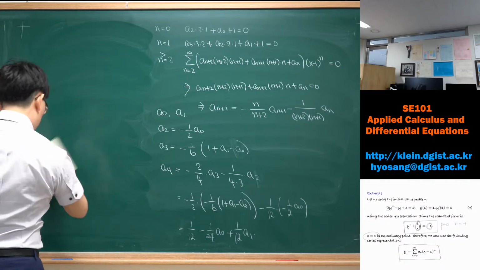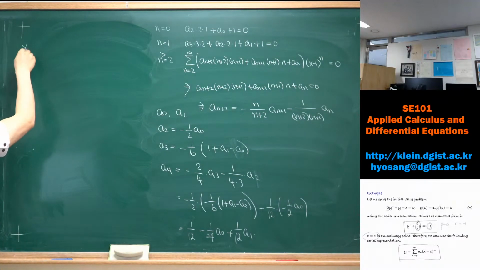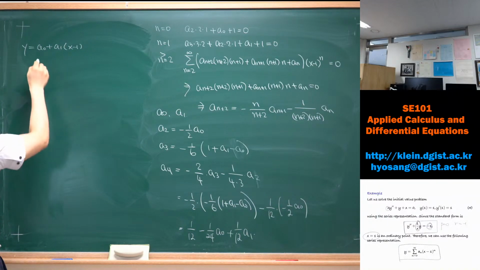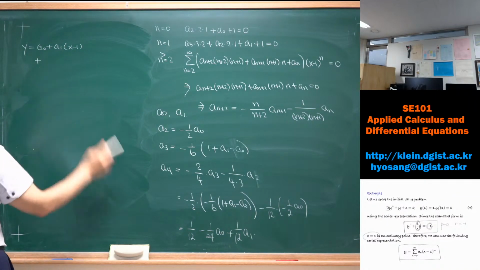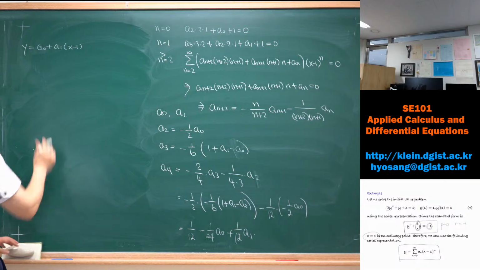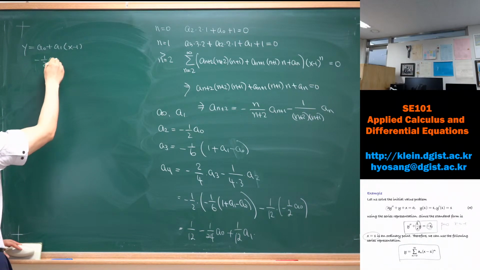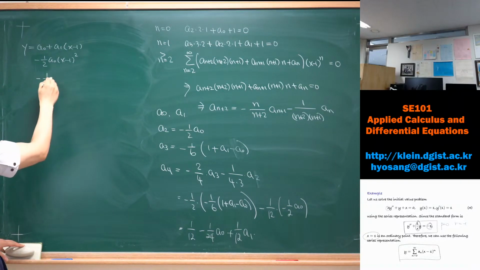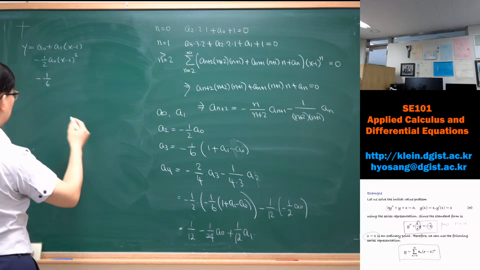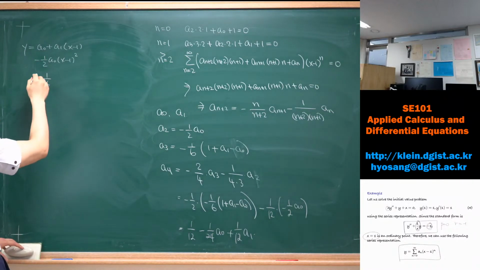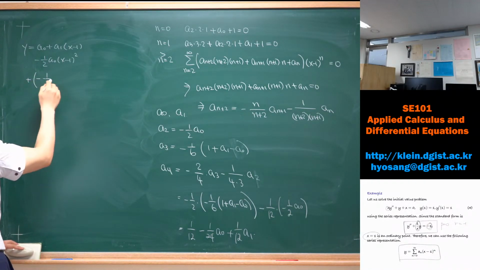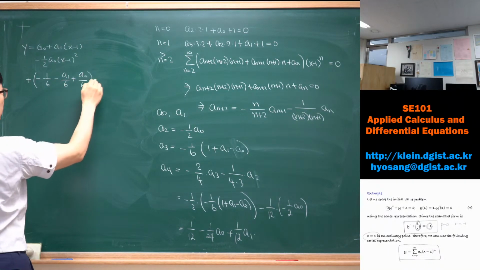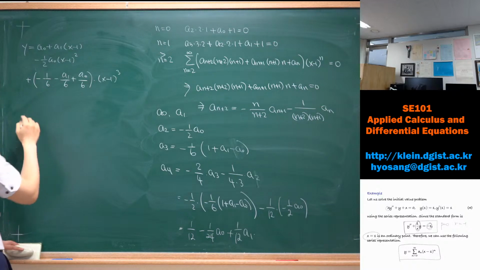Our original formula for y can be written as A0 plus A1 times x minus 1, and A2, which is minus 1 over 2 A0 x minus 1 square, and A3, which is minus 1 over 6 minus A1 over 6 plus A0 over 6 times x minus 1 cube.